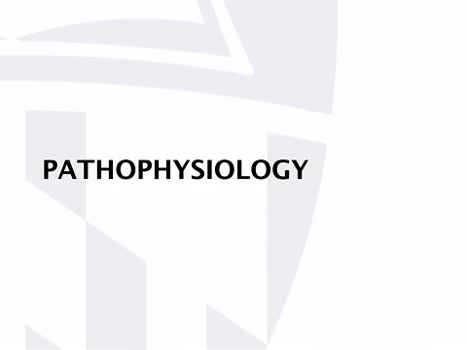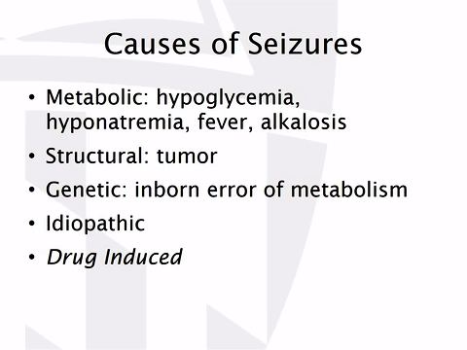So causes of seizures, as you can see on the slide, can be quite varied. There could be an underlying metabolic dysfunction that's leading to the seizure. There could be a structural dysfunction, such as a tumor, that's causing that seizure activity. Could be genetic.